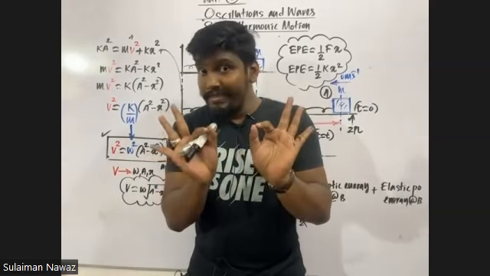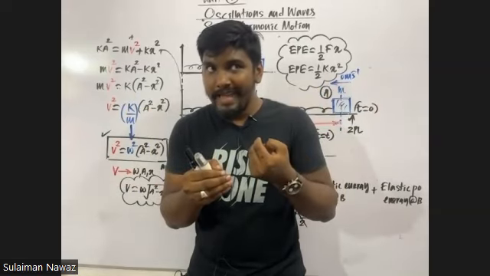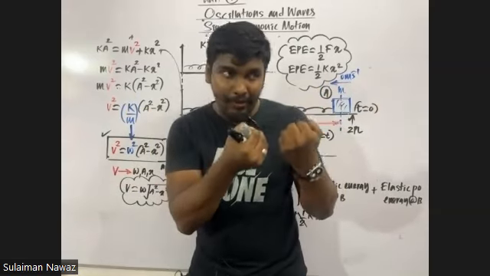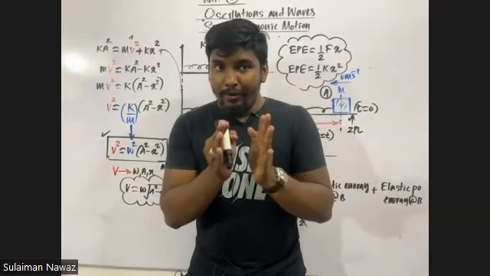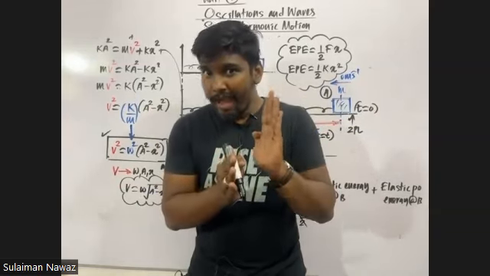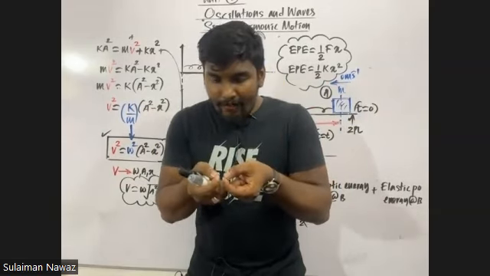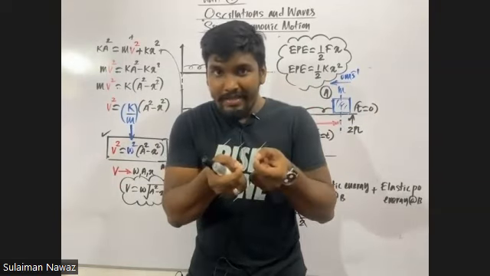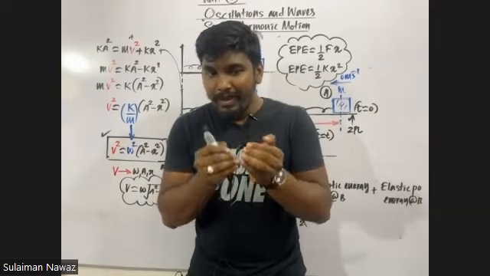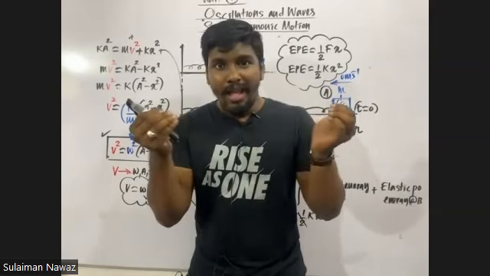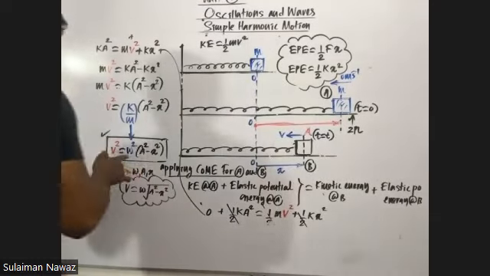You know that velocity is zero at the amplitudes, and also that velocity is maximum at the equilibrium point. Velocity is zero at the amplitudes, because you can clarify it.